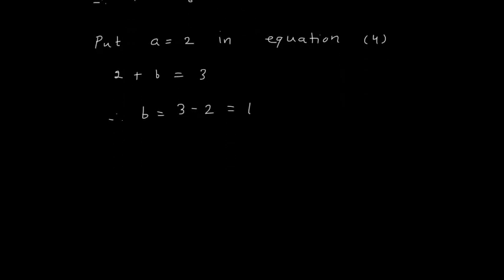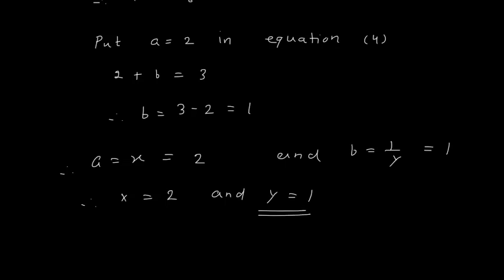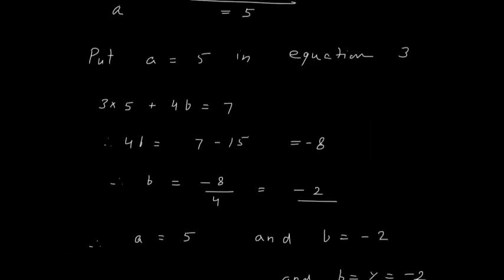So therefore I have a is equals to x, which is equals to 2, and I have b is equals to 1 upon y is equals to 1. So therefore I can say that x is 2 and y as 1. Reciprocal of 1 is 1 only. So x is 2 and y is 1. So this is your solution.